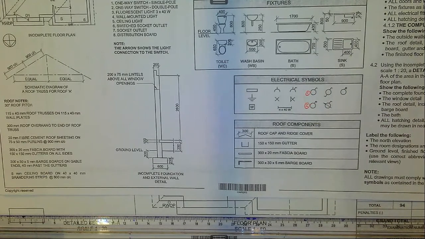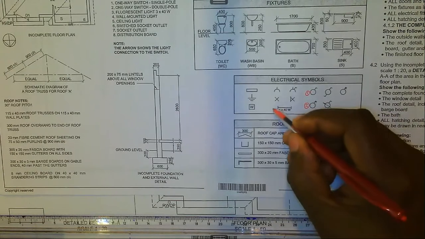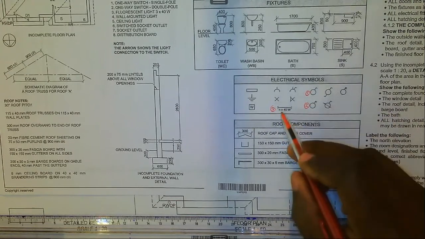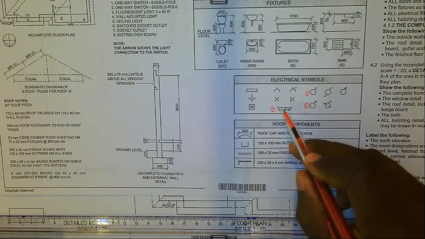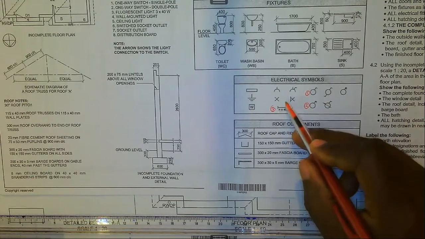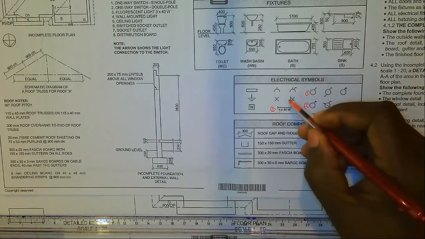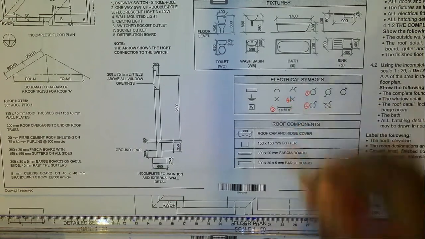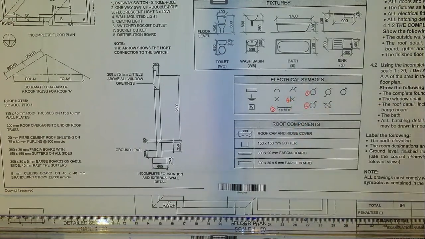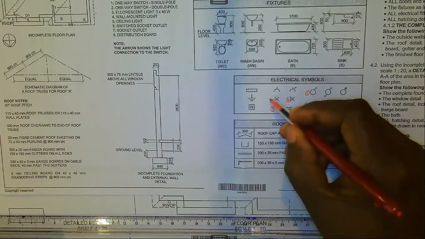Then a fluorescent light, 3 by 40 watts, right? So we have got this. The only thing that would change where it says number, you are going to write 3 by 40 watts. Then a wall-mounted light, right? This is our wall-mounted light. We shall use it. A ceiling light, that's number 5.